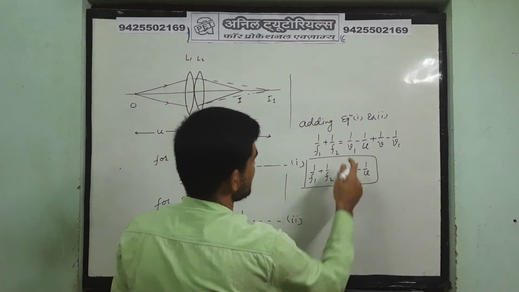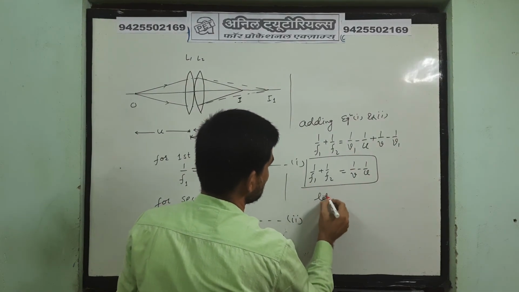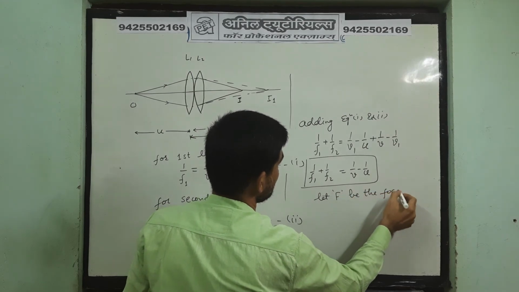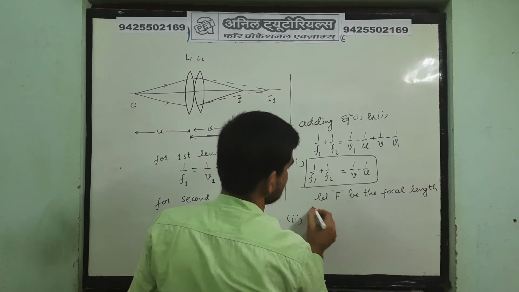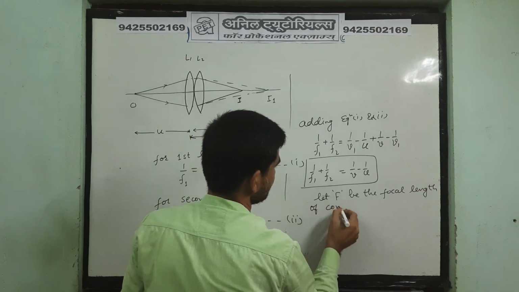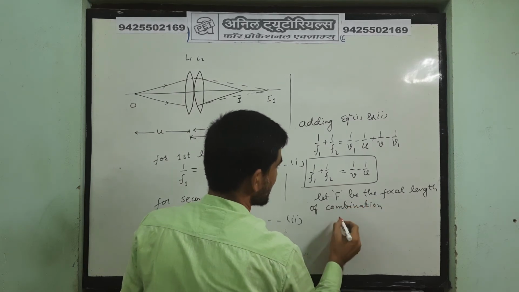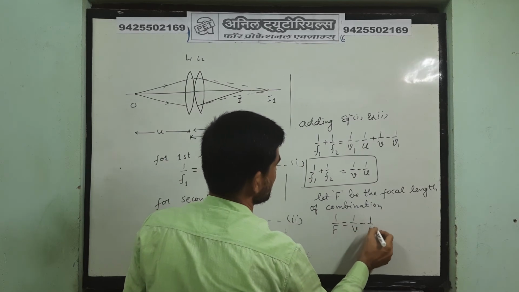So this we can say is 1 by f. Let capital F be the focal length of the combination. So we can say 1 by F is equal to 1 by v minus 1 by u.